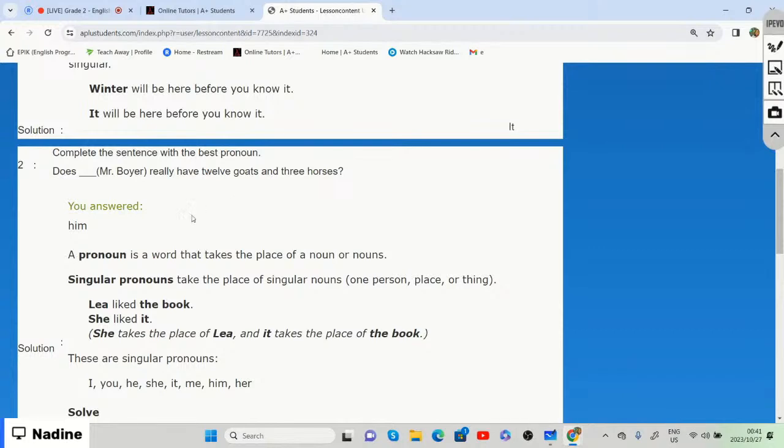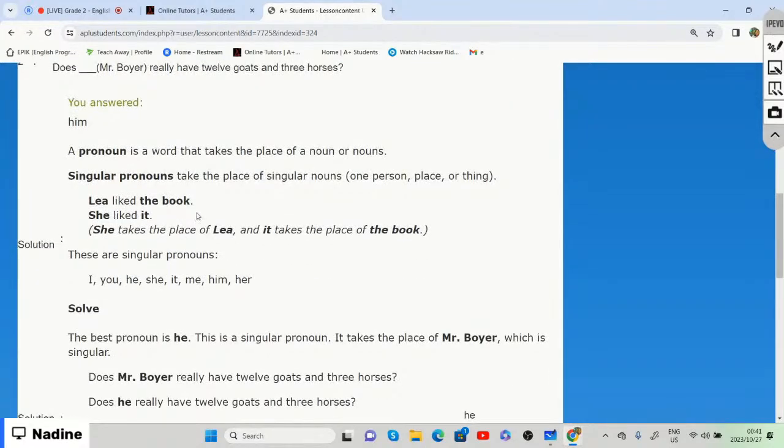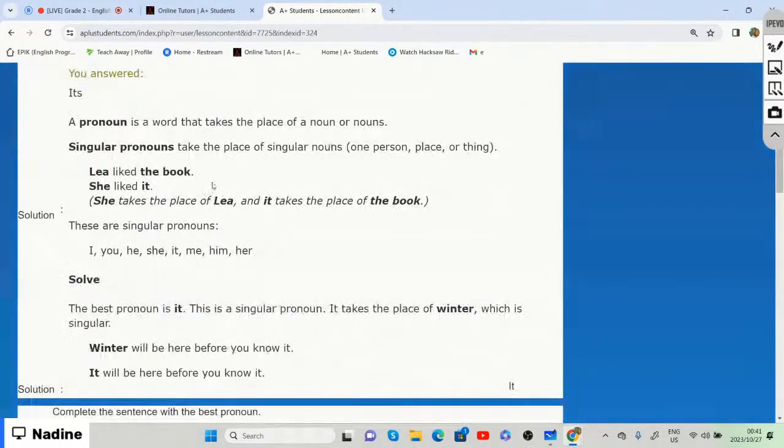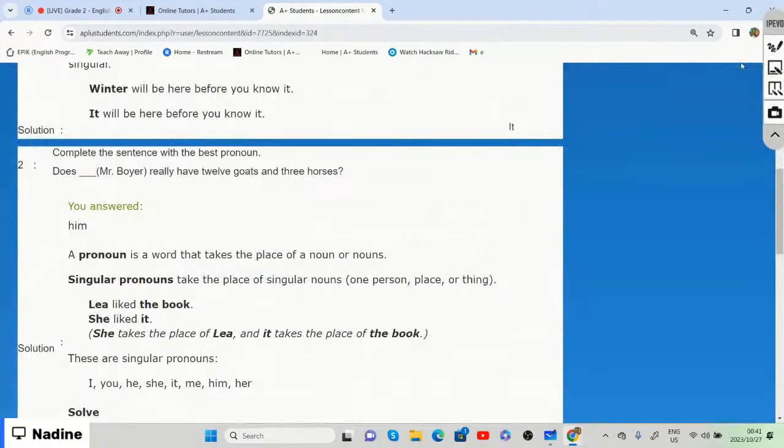We can then say, does he? We already have Mr. Boyer and we said him or he. So, does Mr. Boyer really have 12 goats and 3 horses?